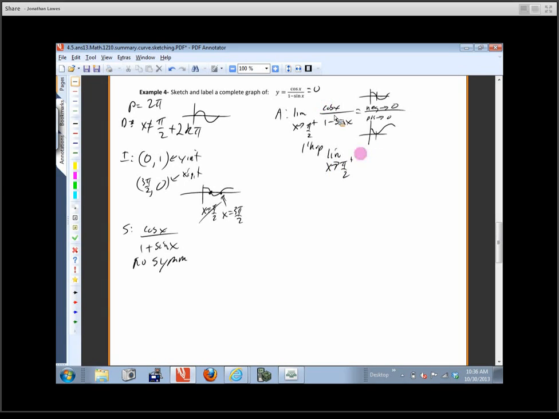Derivative of the top, negative sine of x. Derivative of the bottom, negative cosine x. Well, that's just tangent, right? So what does tangent do? Let's see. Yep, did we get that right? Yeah, I think we're fine there.